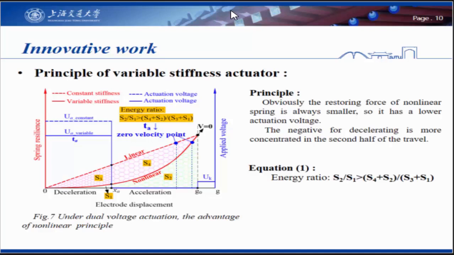For the nonlinear spring, the position with zero velocity will be closer to the collision position G0 than for the linear spring, so that the next holding voltage can close the switch with very low impact. So the variable stiffness spring has better robustness to waveform deviation.